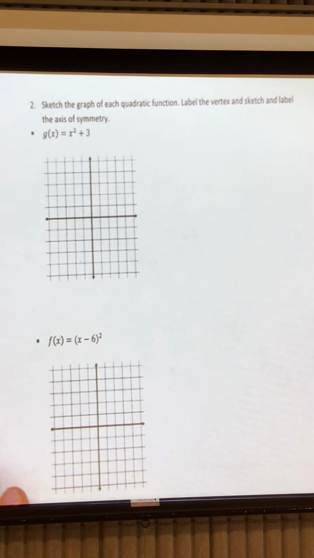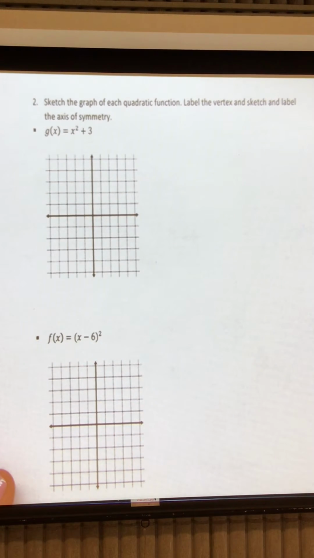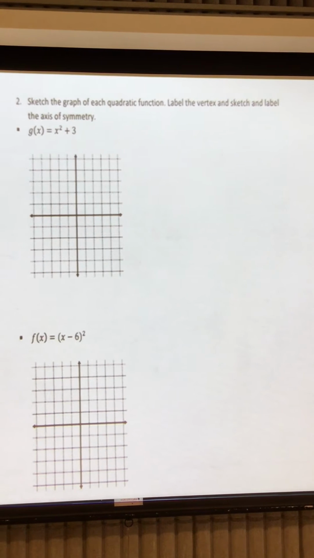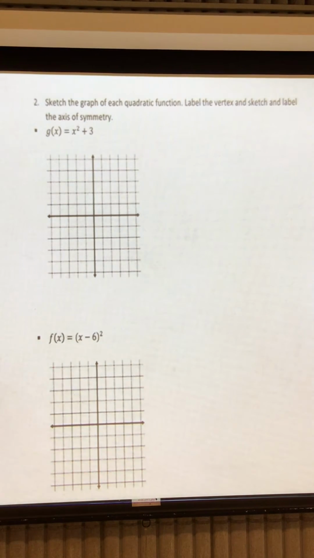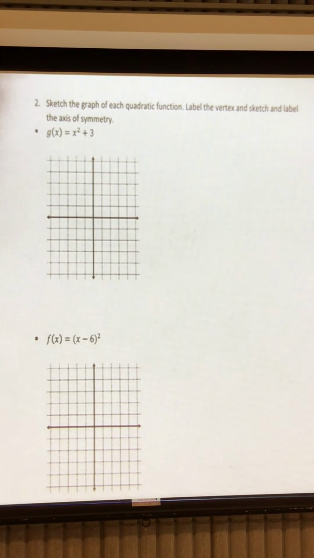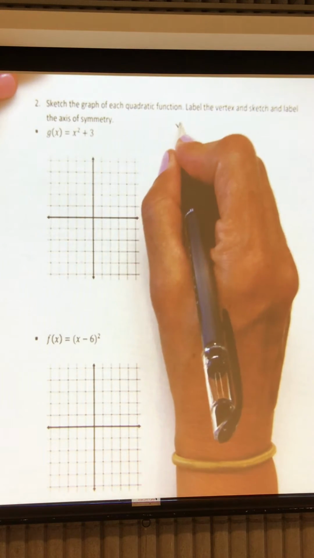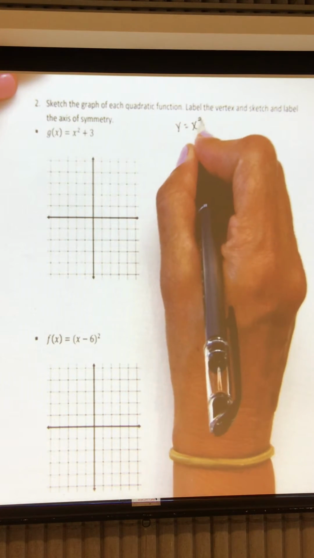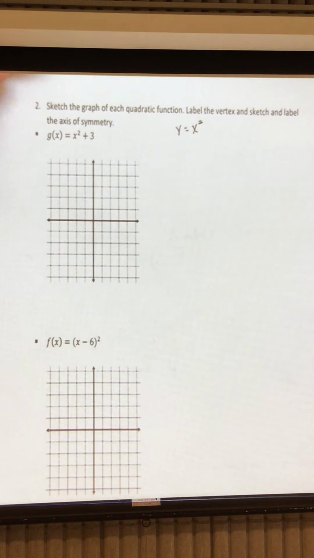And here we have to graph each quadratic function, and let's label the vertex and the axes of symmetry. So again, let us remember that we're looking at our base graph, which is the graph of y equals x squared. So we can compare each of these graphs to the graph of y equals x squared.